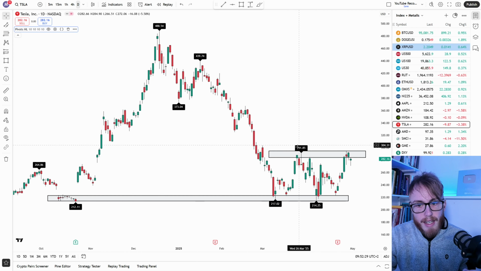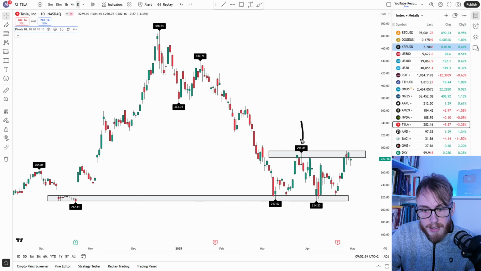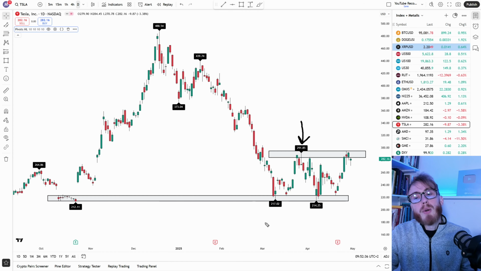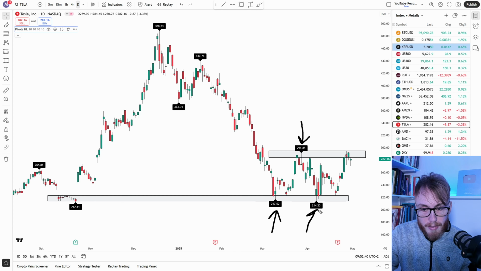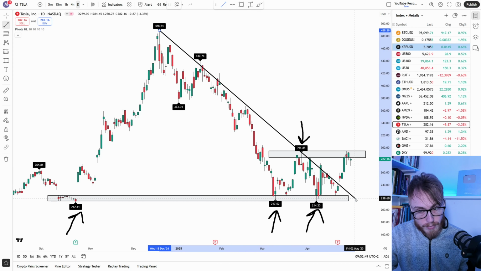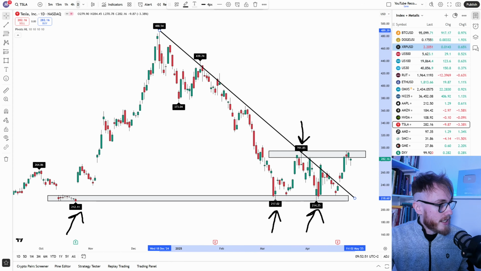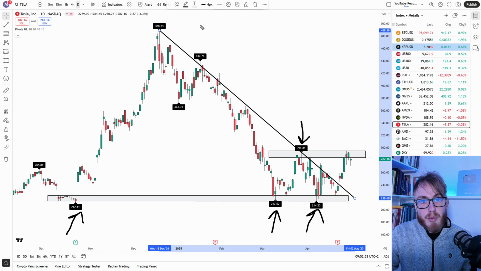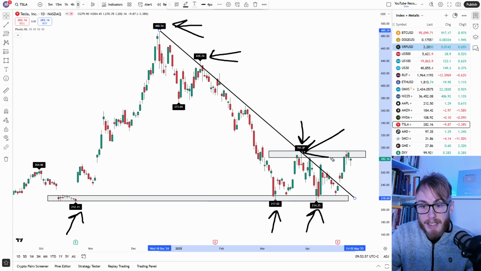You will notice that the first thing we can notice is that the key resistance we saw right here was automatically identified by the indicator. Same thing with that support, same thing with that support, same thing with that support, right? And also when we draw our trend line, you can see that all of these touches, this one right here, this one right here, and even this one right here was identified by the indicator.